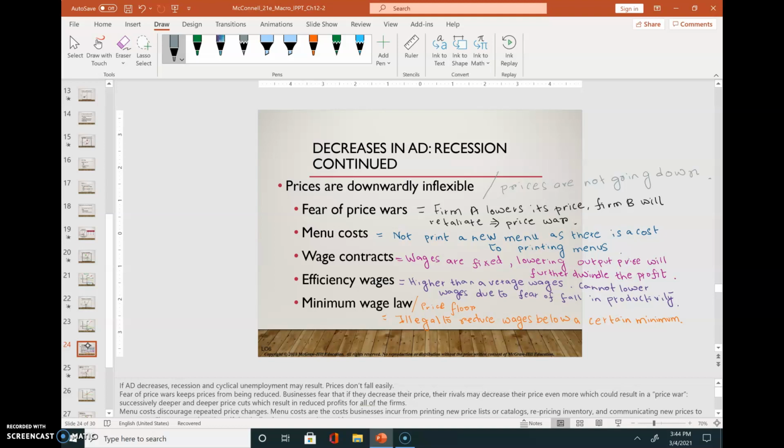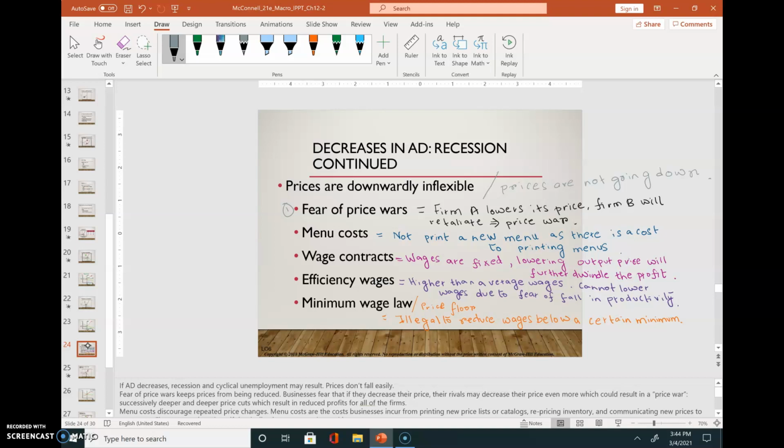Why is it so? One is price wars. If Farm A lowers the price of its product, Farm B will also retaliate, and this will lead to a lower price spiral, a price war, and no one really wants to lower the price below the cost of production.